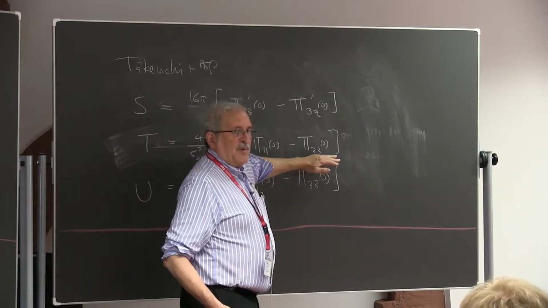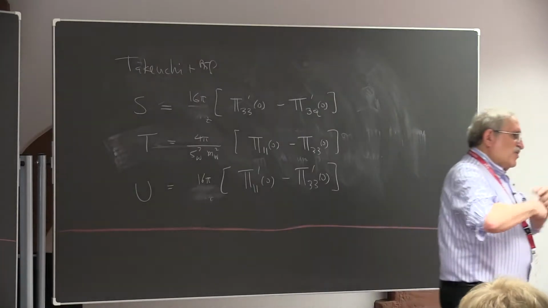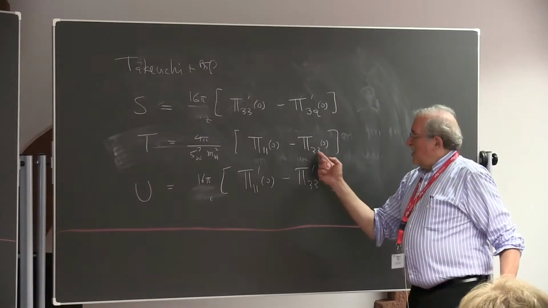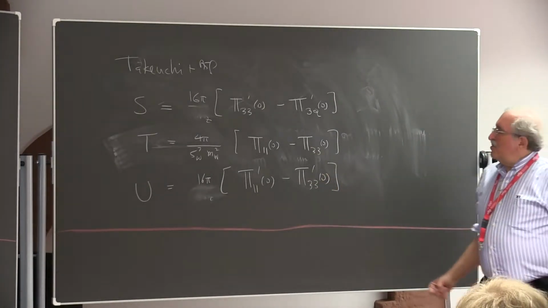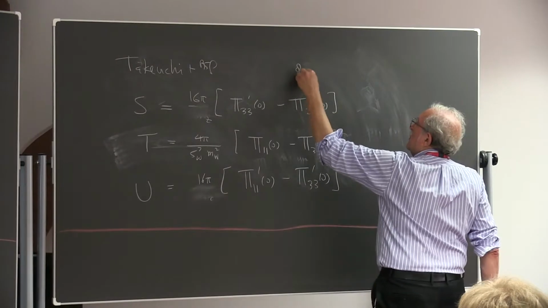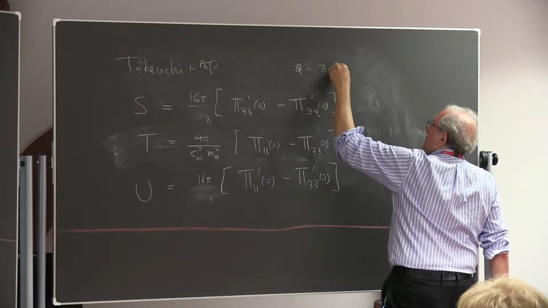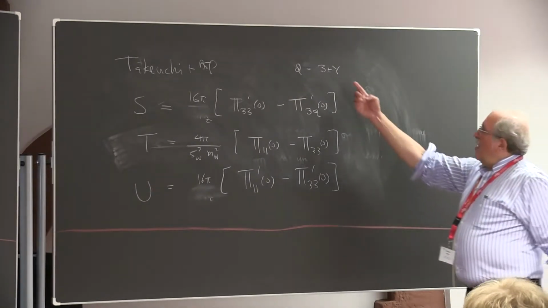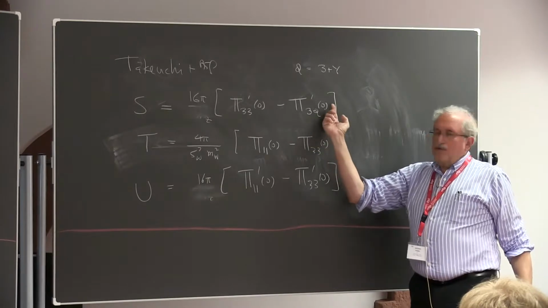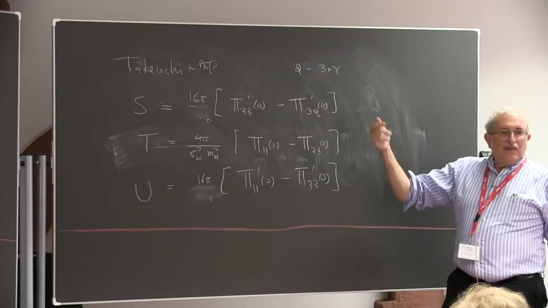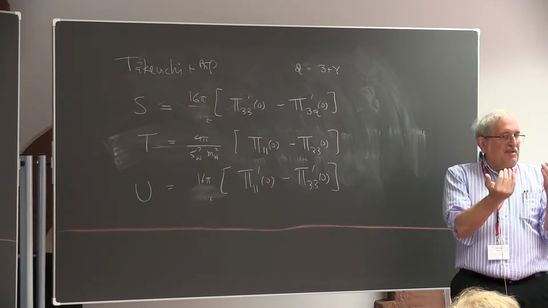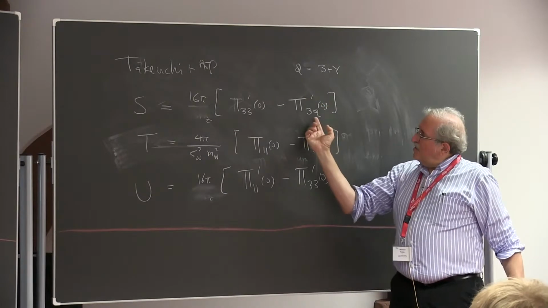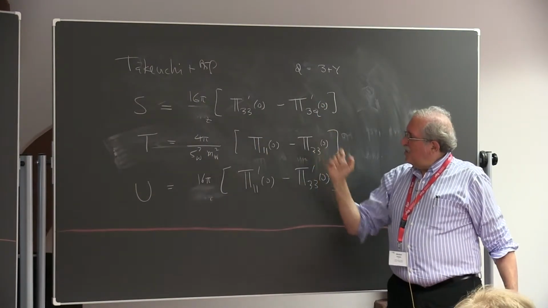Okay, now this is really cool because Π11 renormalizes the W mass. Π33 of 0 renormalizes the Z mass. But those renormalizations are linked by SU(2) gauge symmetry. So if you take the difference, you get a finite result. Similarly, Q is equal to I3 plus Y. The contribution of Y to this term is finite because at very short distances, there's no interaction between SU(2) and hypercharge, and the infinite term would cancel between these two.